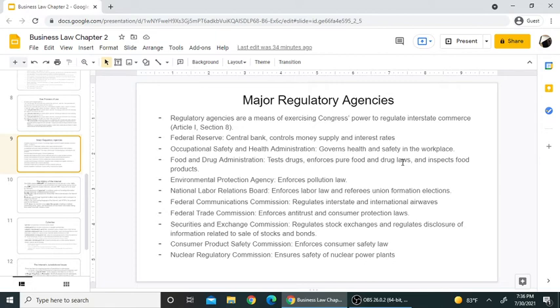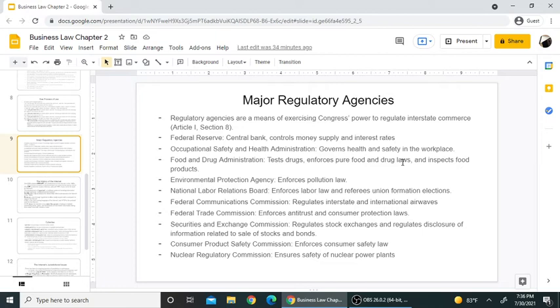It also regulates a lot of disclosures related to the sale of stocks and bonds. A lot of public companies that you can buy shares of on the stock market have to make certain kinds of disclosures of their earnings, their shareholder meeting results, certain compensation things, and so forth.